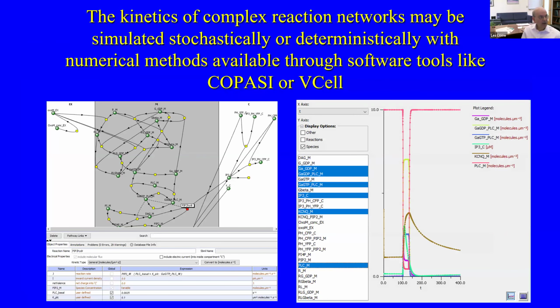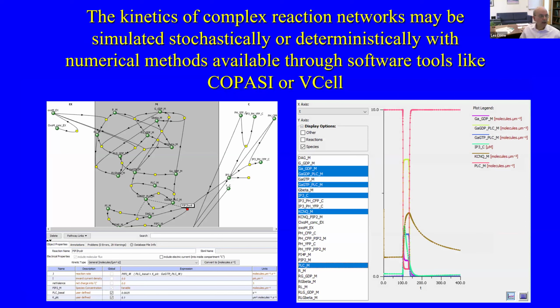Okay. The kinetics of complicated networks can be simulated either stochastically or deterministically, whichever is appropriate. As Michael showed you in his introductory slide, you have to decide that based on how many molecules you've got in your system.